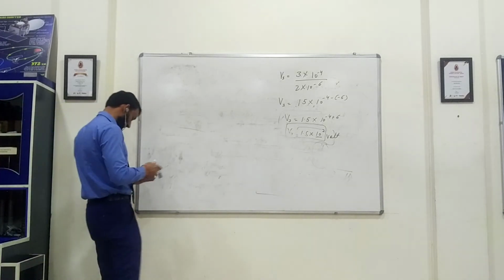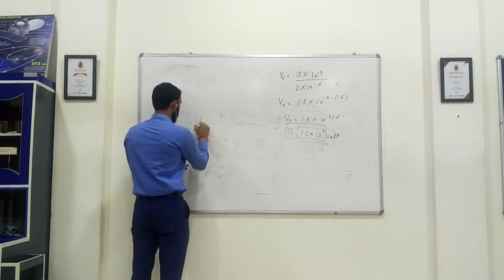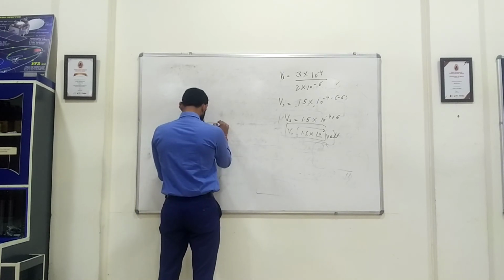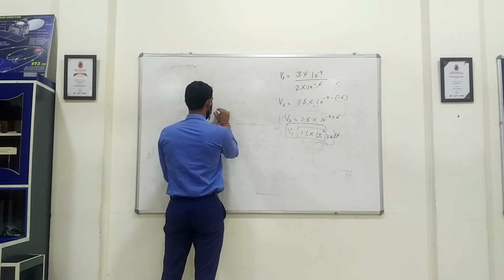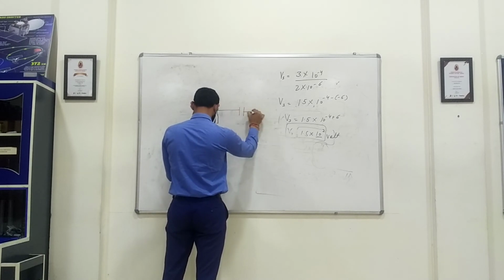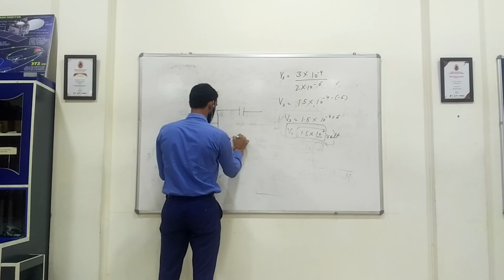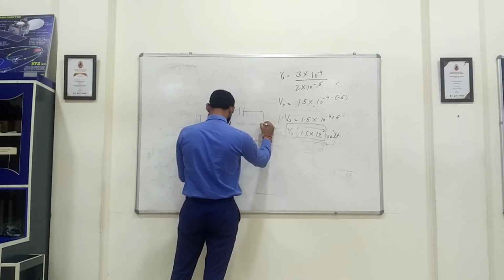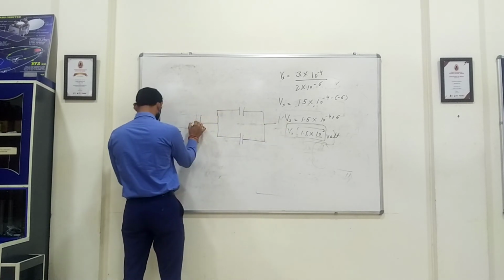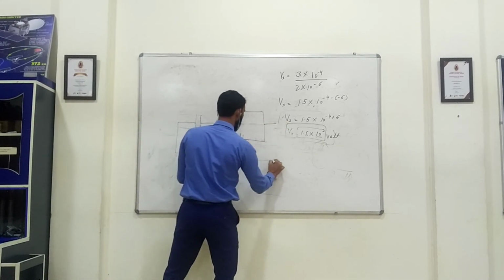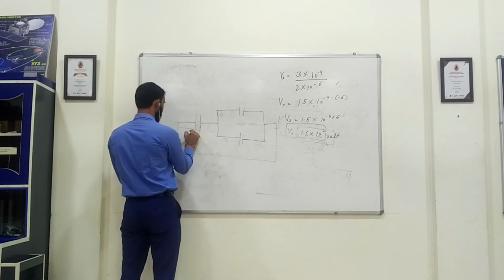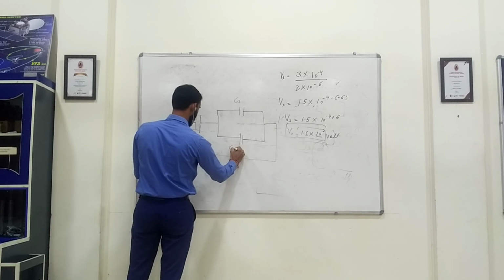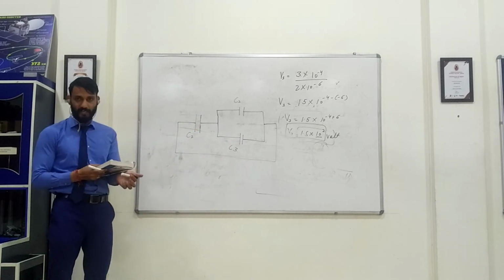And the question says that we have C1. This is C1, then this is C2, and then this is C3. I'll give you the values.